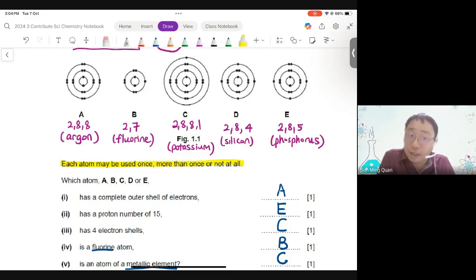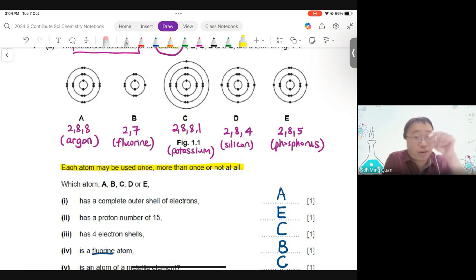Okay, so I hope we learned the problem solving strategy. Please do not leave the ABCDE hanging. You should know what is what, okay? And if you're wondering, will we test you on elements that you have not learned before? We can only test you on the first 20 elements from hydrogen to calcium. If we give you electronic structure, we can only test the first 20.